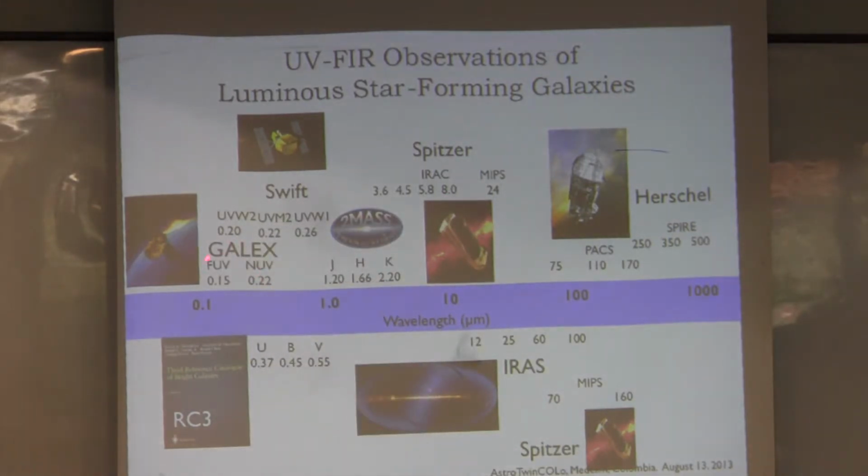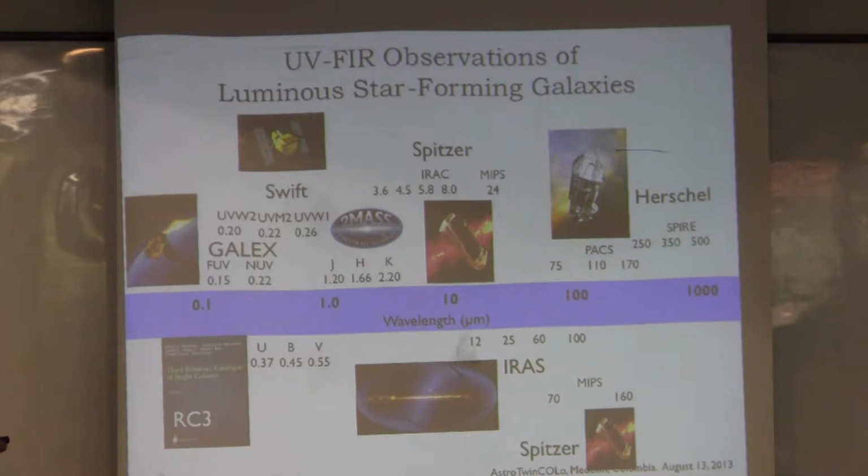So we have observatories that look in ultraviolet light, like GALEX. We also have telescopes that mostly look from the ground, that look at the near infrared. We have space telescopes like Spitzer that look at mid-infrared wavelengths. So these are the numbers, the wavelengths at which these telescopes can observe these galaxies.